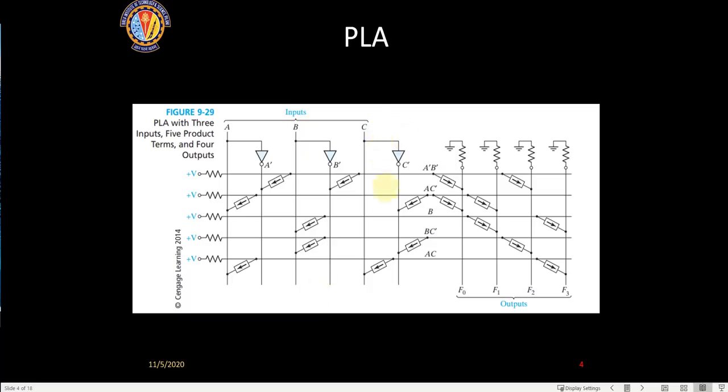Say 3 different inputs are there for a machine. You are programming initially: if the oil pressure is low, the temperature is high and the on off switch is on, then you switch on the oil pump. That is programmed initially.